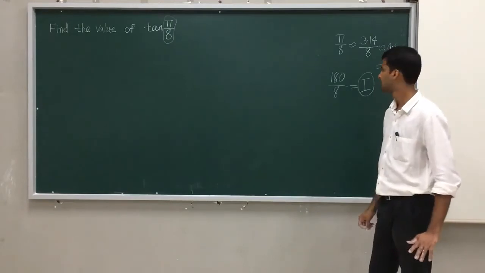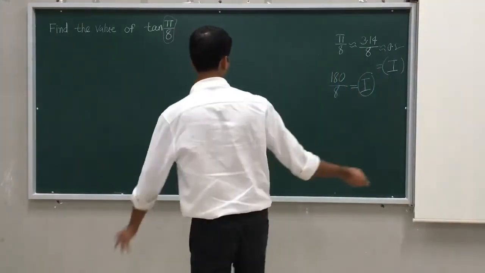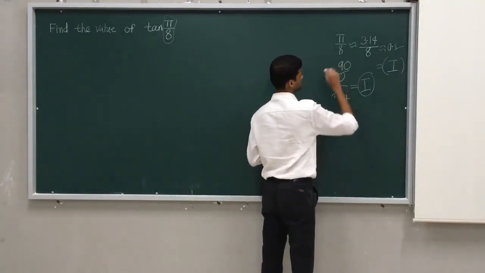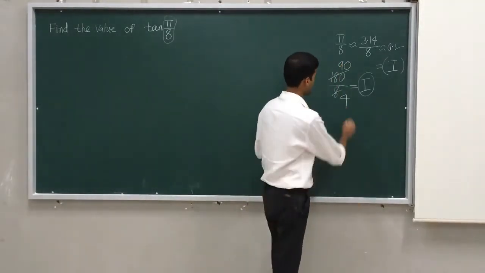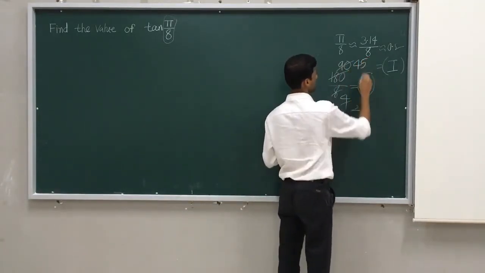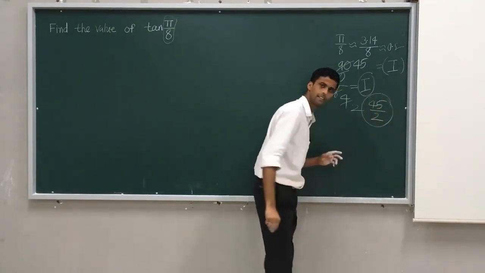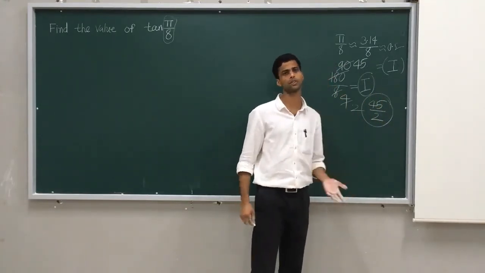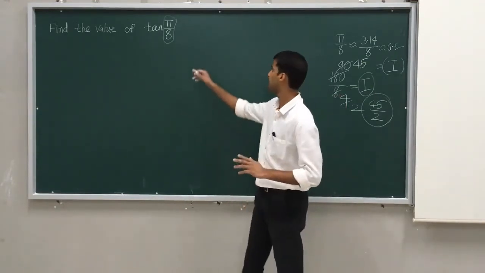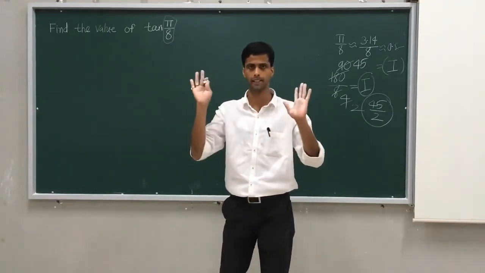Now, how to justify this answer? If you observe here, 2 4s are 8, 90 by 2 is 45, then 2 2s are 4, 45 by 2. As 45 comes in the first quadrant, 45 by 2 will obviously come in the first quadrant only. So tan pi by 8 will come in the first quadrant. Just keep that in mind.